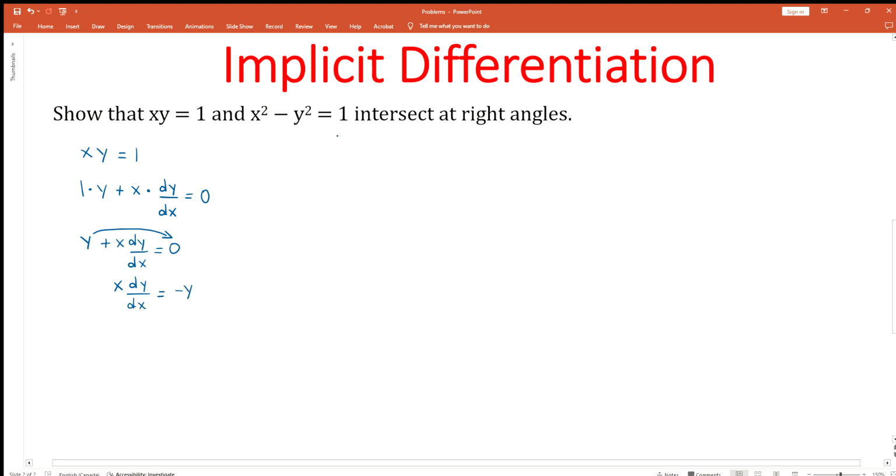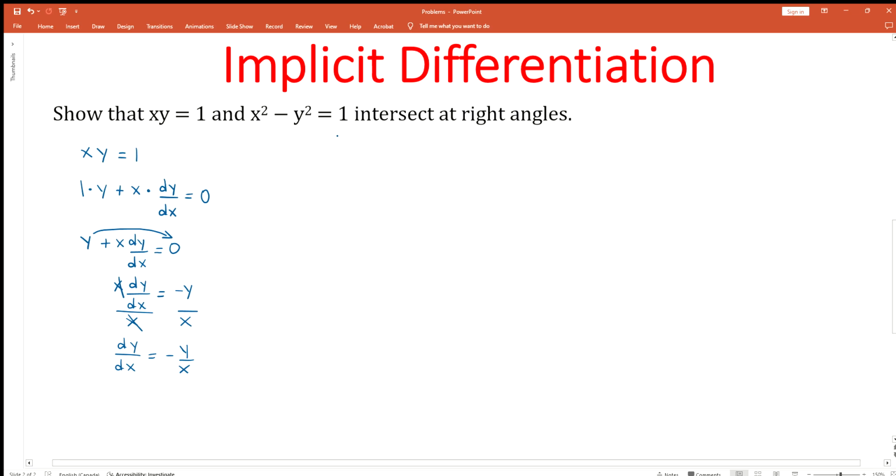Next, we should divide both sides by x. I get dy over dx equals negative y over x. This is the expression for slope of tangent to the curve xy equals 1.